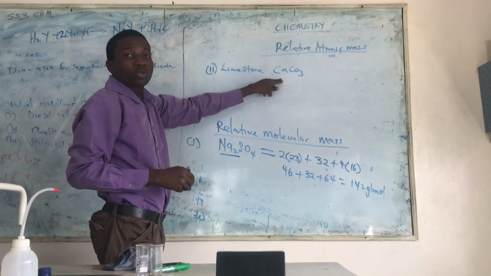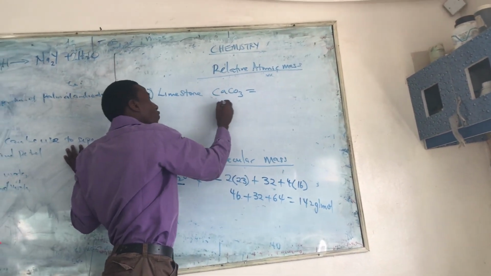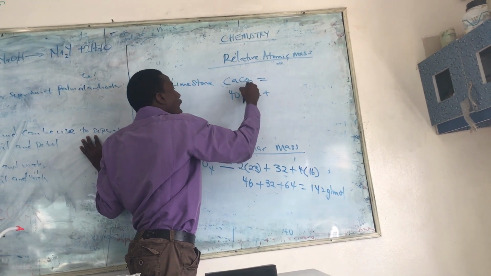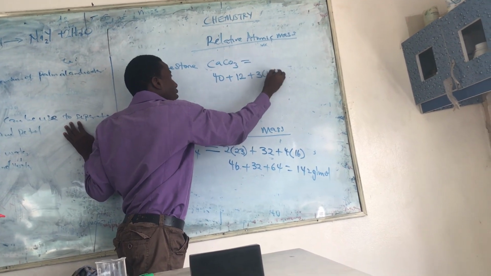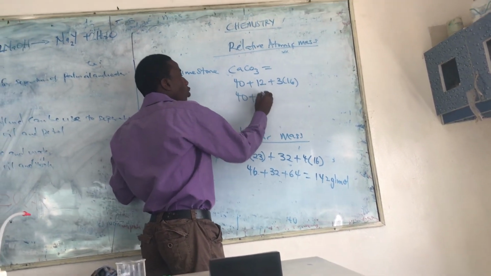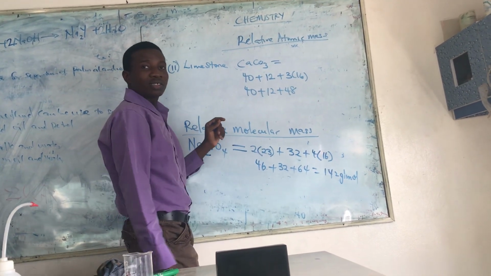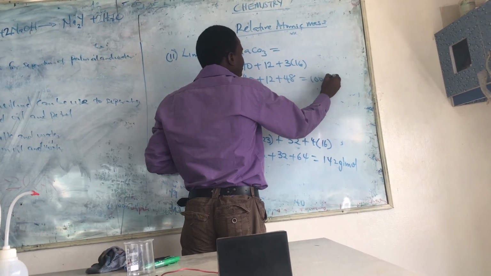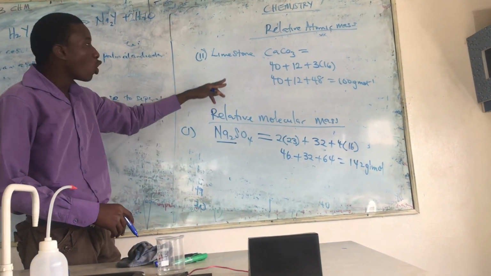Calcium is 40, carbon is 12, and there are 3 oxygen, each 16, so 48. 48 plus 12 is 60, and 60 plus 40 is 100. That is 100 gram per mole, the relative molecular mass of limestone.